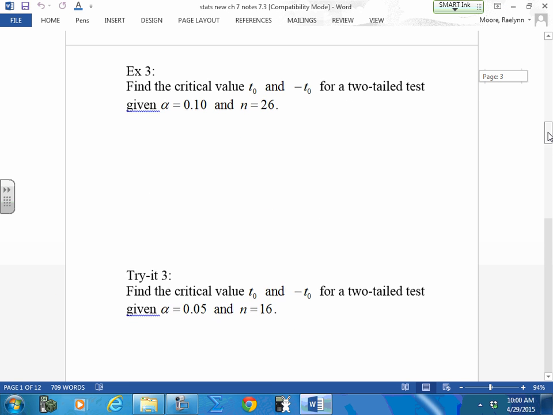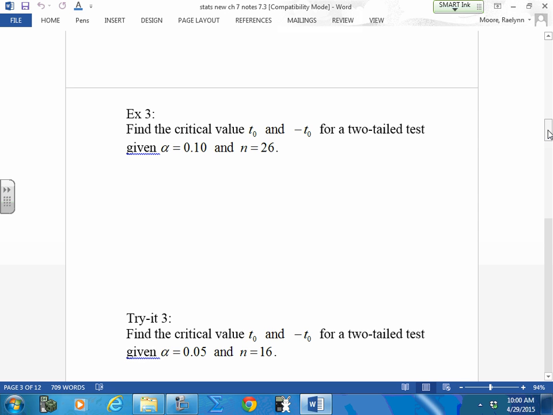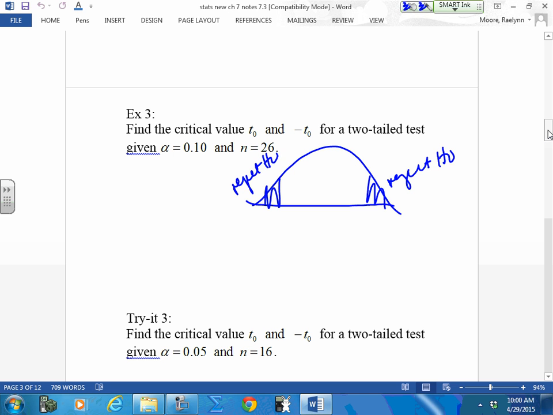So if you know what a right hand does, let's look up a two-tail test. I have a two-tail test. These are both my reject H0. Fail to reject H0. Watch how nice this is. Go to your table. What's my degrees of freedom here? 25. What tail test do we have? 2.